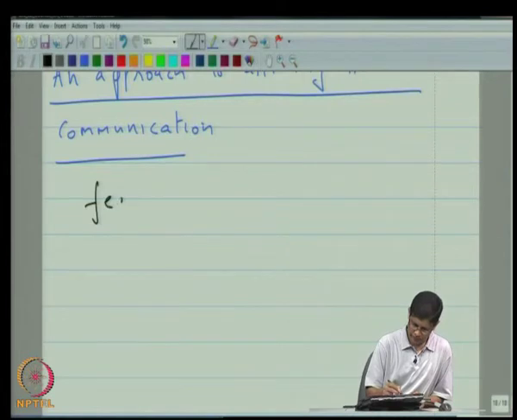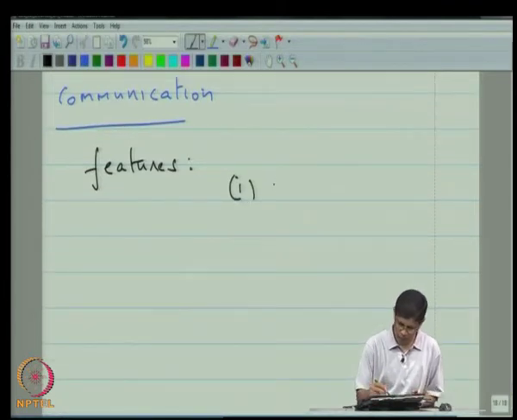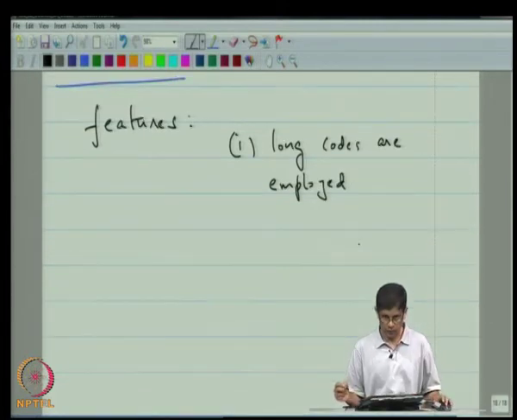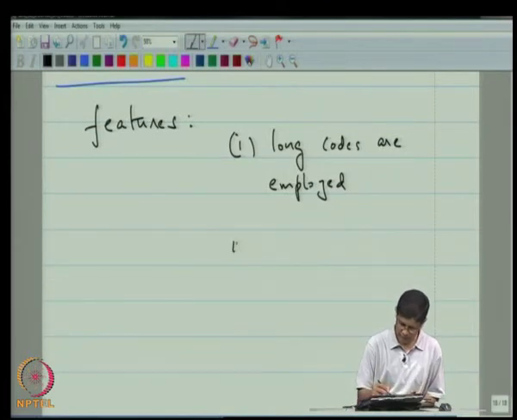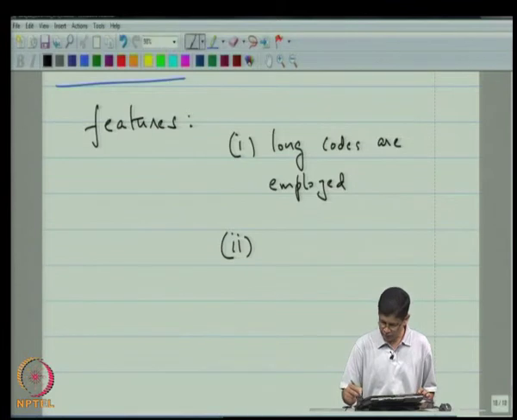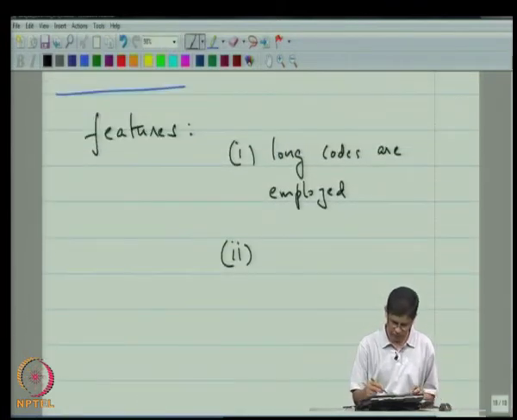So features: one, long codes are employed, long codes meaning codes of long block length. Second, you assume bounded distance decoding.